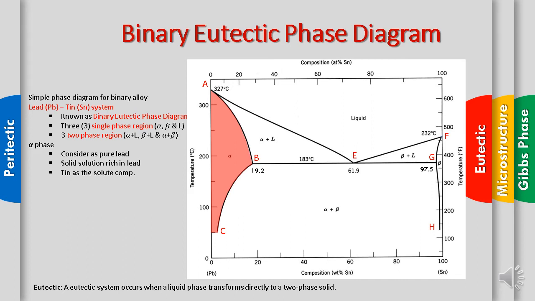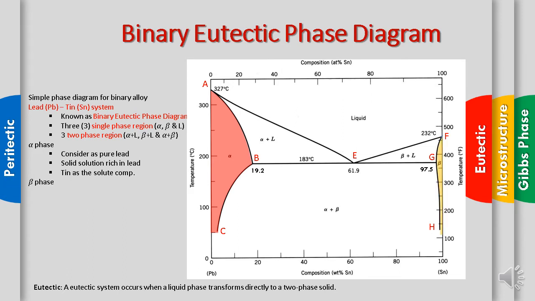Here we can see the composition. Basically, the boundary line is here and also here. In this composition, we can see the limit here is 19.2, whereby the alpha composition is here.